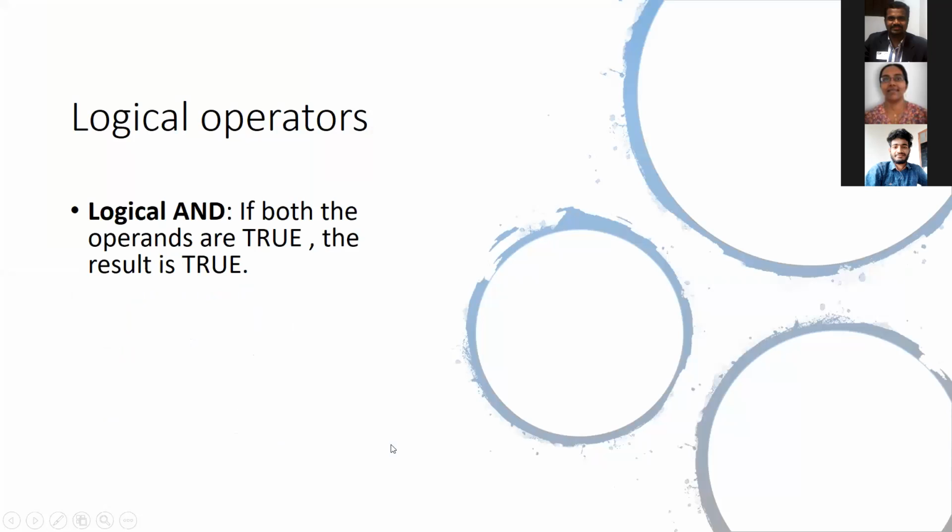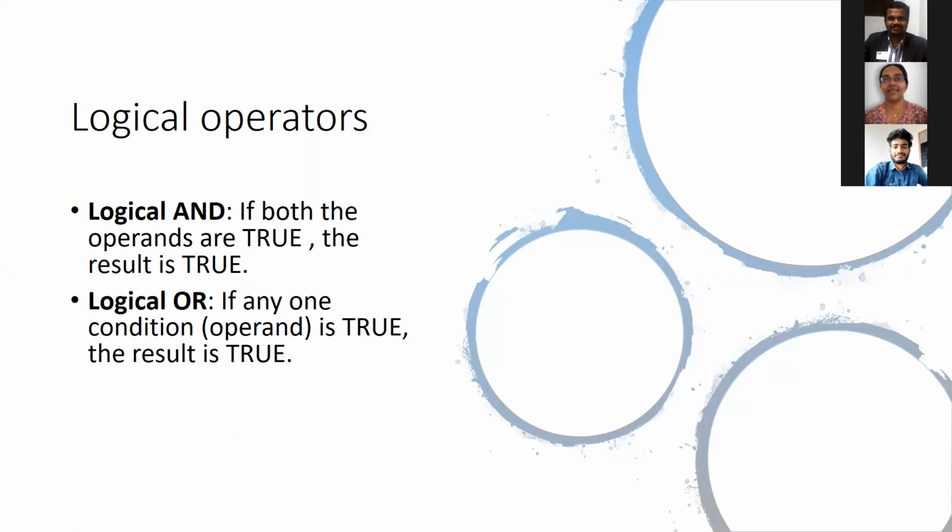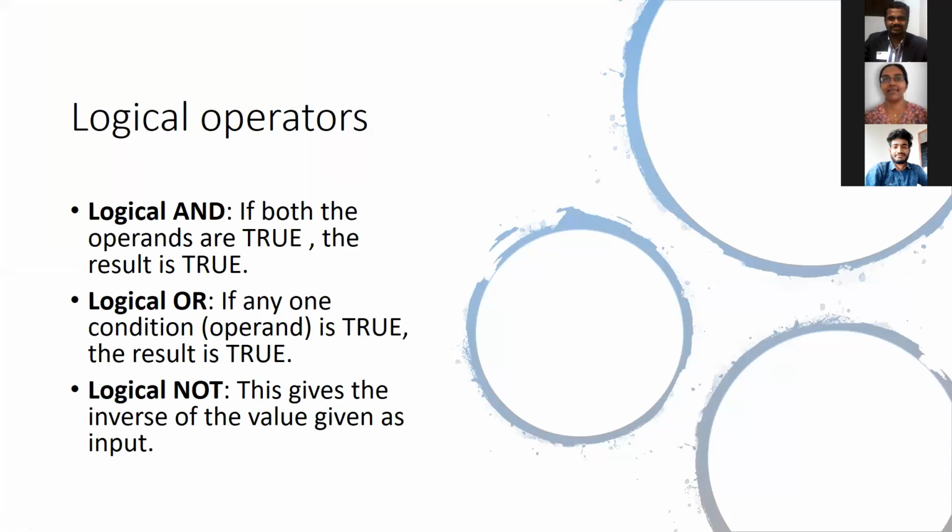Then we have logical operators. These are basic operators like and, or, and not. You can see the AND gate. If you supply binary values, both should be 1 for the result to be 1. If any of these is 0, the result will be 0.